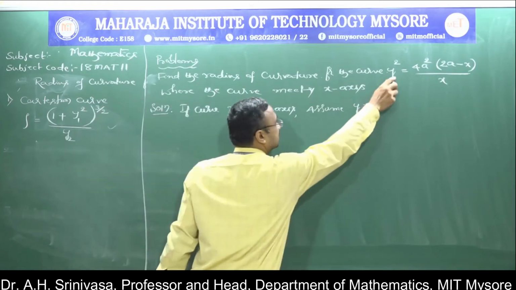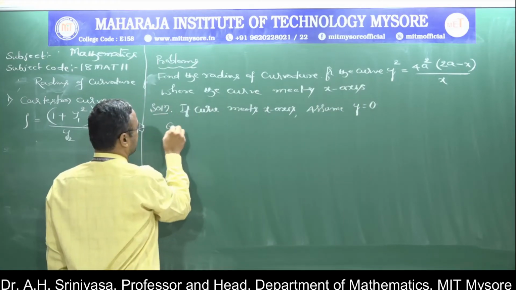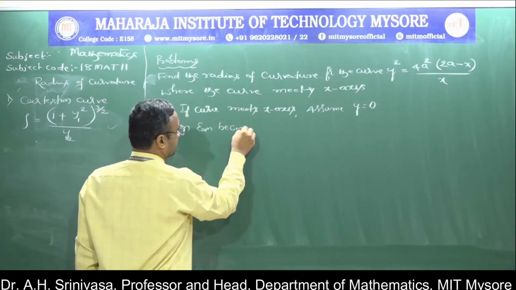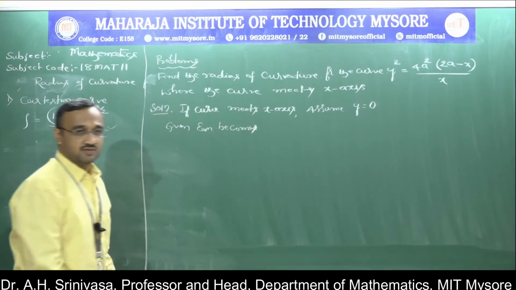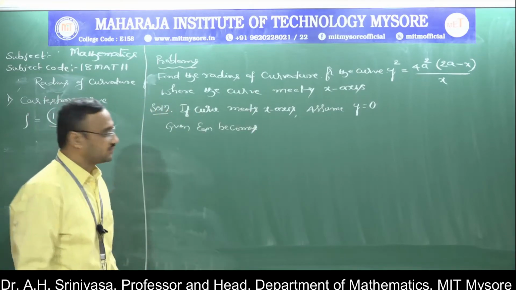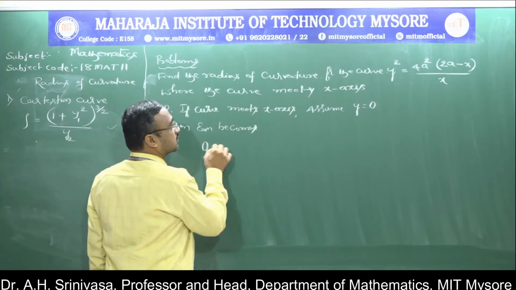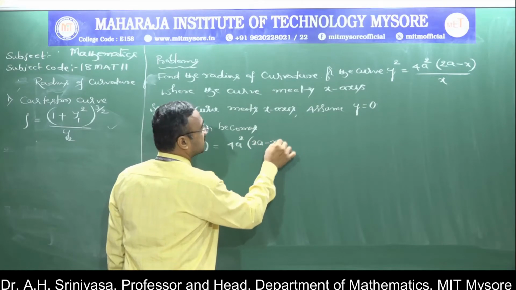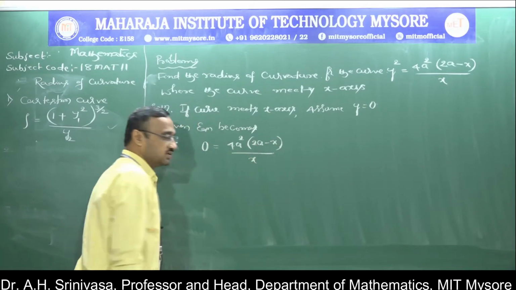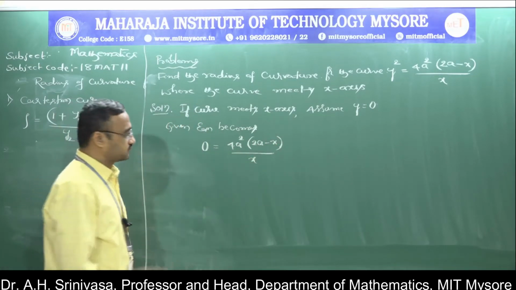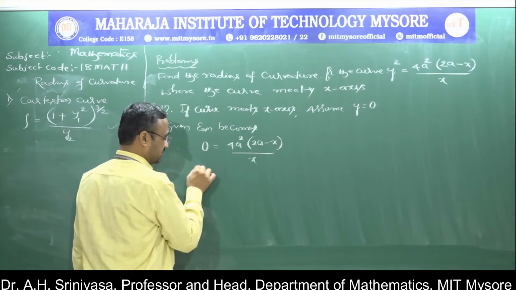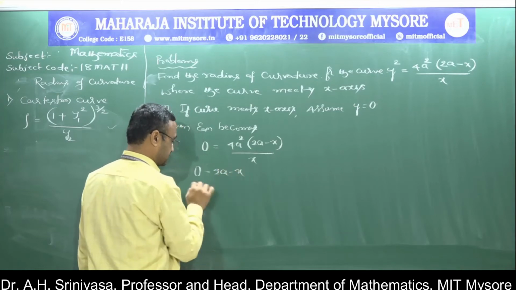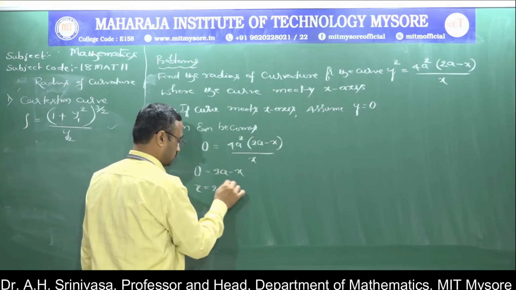Now put y equal to 0 in this curve, the given equation becomes, what happens, just you have to check it now. 0 equal to 4a square, then (2a minus x) by x. If we make a cross multiplication or simplification work for this, we have 2a minus x, then we have x equal to 2a.